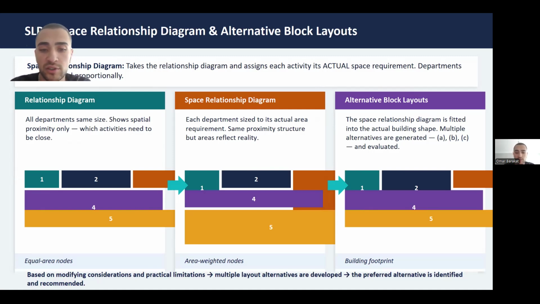The proximity structure stays the same, only the areas change. This area-weighted diagram is then fitted into the actual available building shape. Fitting the weighted diagram into the building footprint generates alternative block layouts labeled A, B, C, and so on. Each alternative satisfies the proximity requirements but arranges the departments differently within the available space.